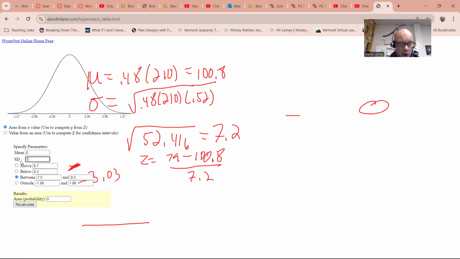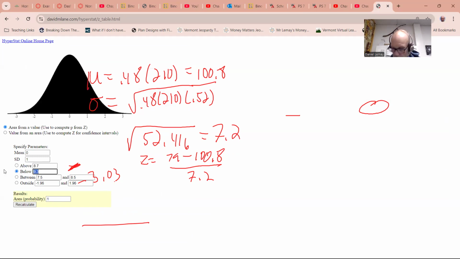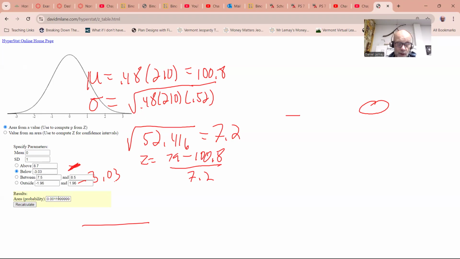So I'm going to go below -3.03. And we're going to see that the probability is pretty darn low.